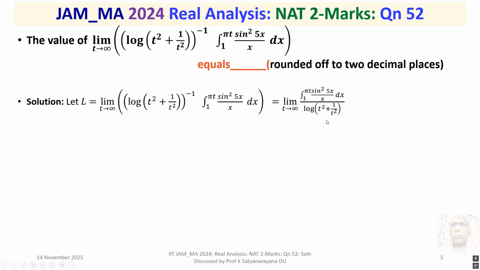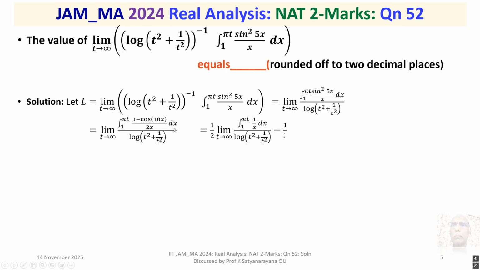That inverse we have written like this. For sine square 5x we write (1 minus cos 10x) by 2. Right. Limit t tends to infinity, integral from 1 to pi t of (1 minus cos 10x) by 2x dx, by log of (t square plus 1 by t square).